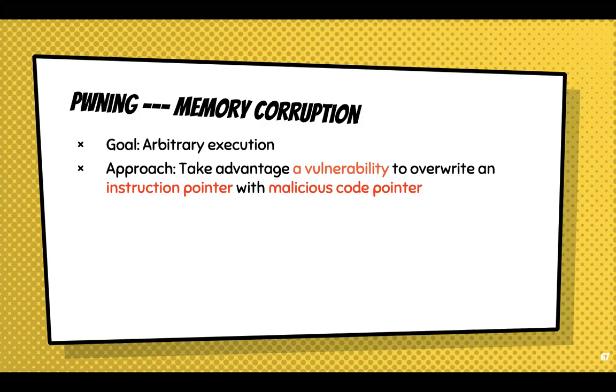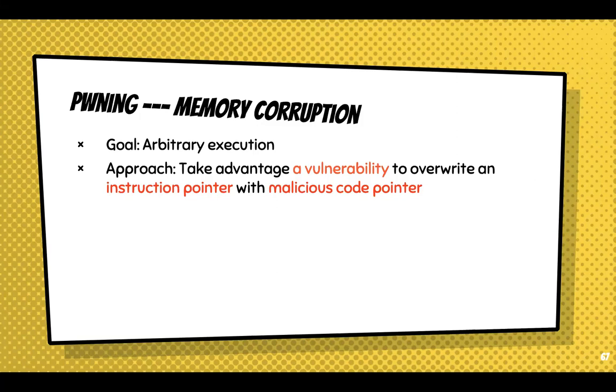And when I say the code that we want, it means that we, as attackers, want to be able to let the vulnerable program execute malicious code. So basically the high level approach is to find a vulnerability and then take advantage of the vulnerability to overwrite an instruction pointer.